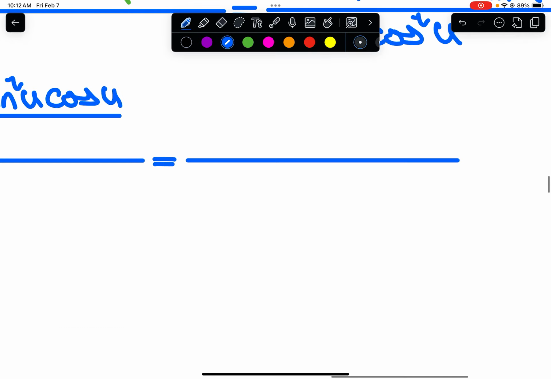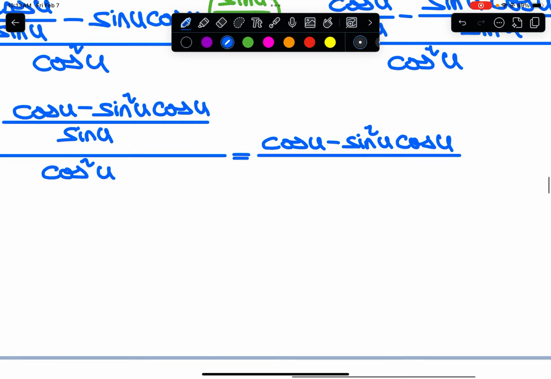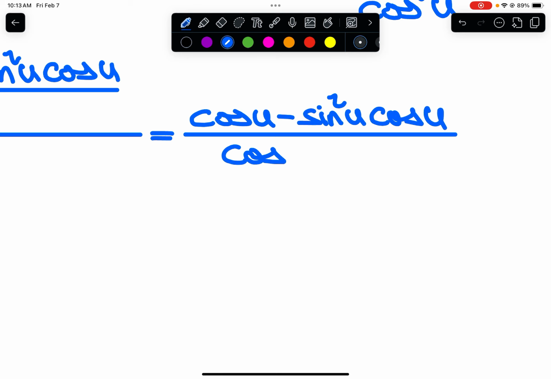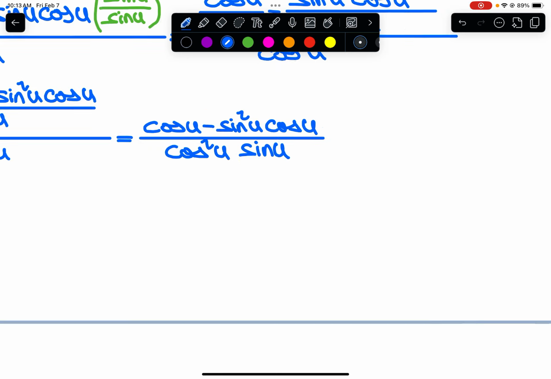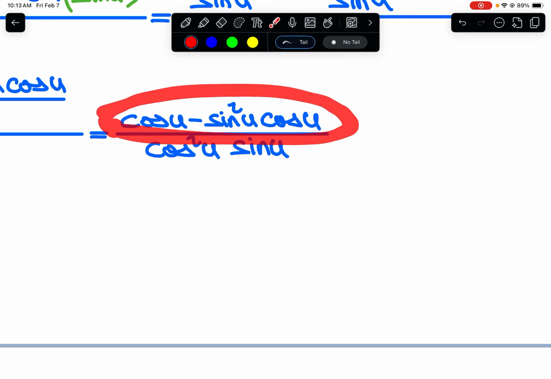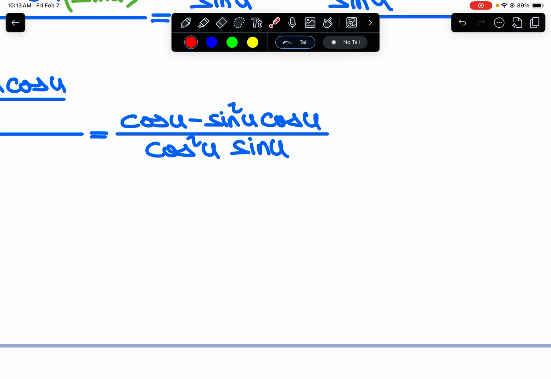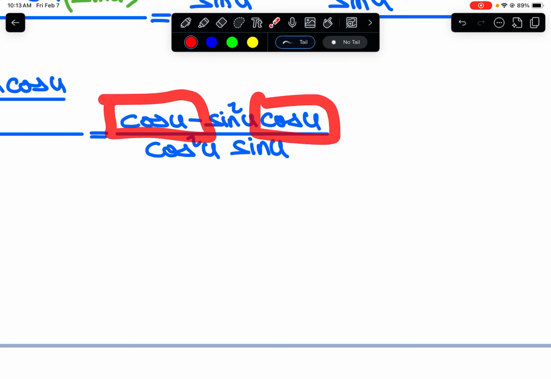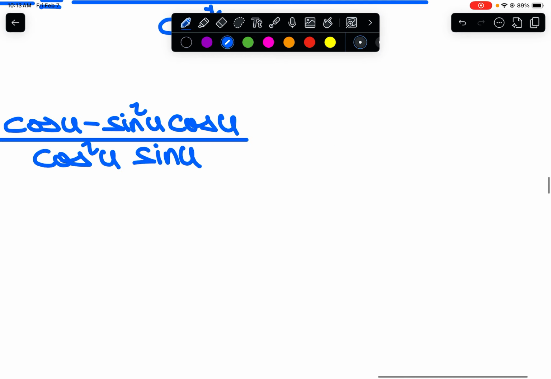Okay, so now I'm going to have cosine u minus sine squared u cosine u over cosine squared u times sine u. So now what I'm going to do next is in the numerator, I'm going to take out a greatest common factor. So what's in both of these terms that I can take out? Well, hopefully I can obviously take out a cosine u.